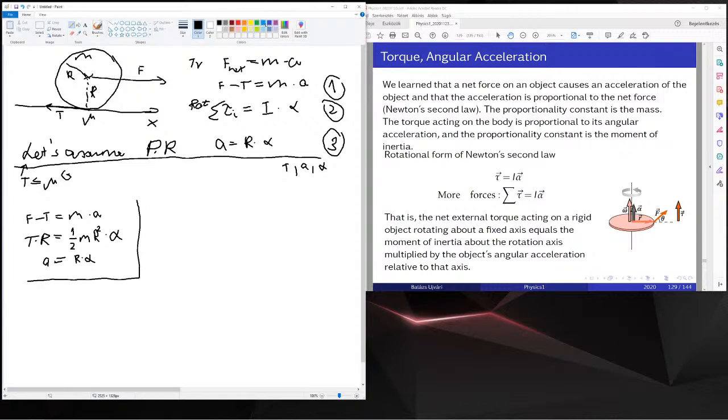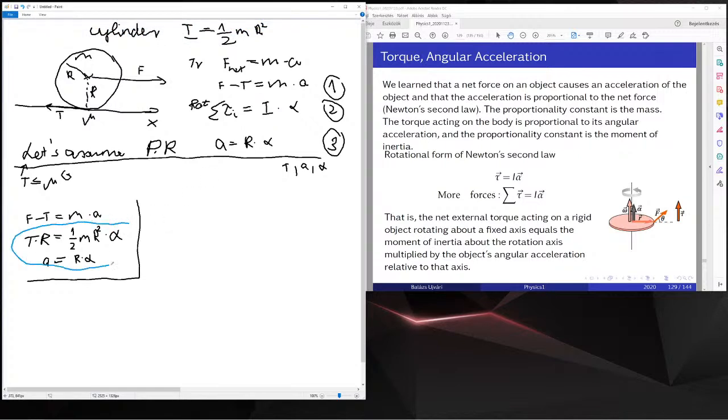How can we solve it? Let's combine these two. T times R equals 1 over 2 m, and just write R times R instead of R squared, because in this case you can see this part will be acceleration. We have R on both sides, so T will be 1 over 2 m a.